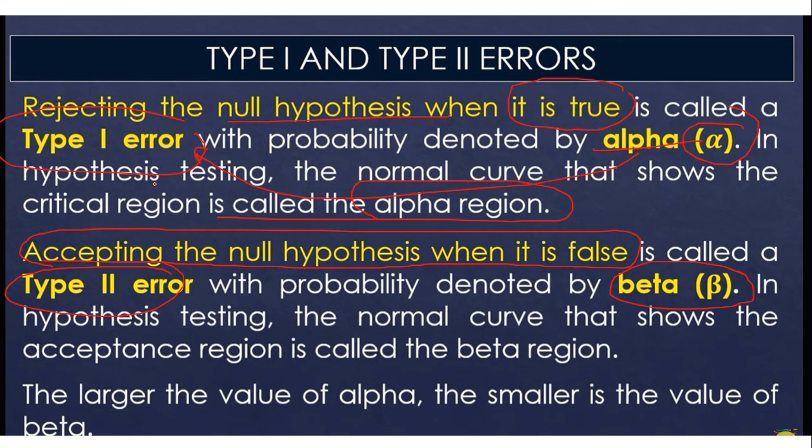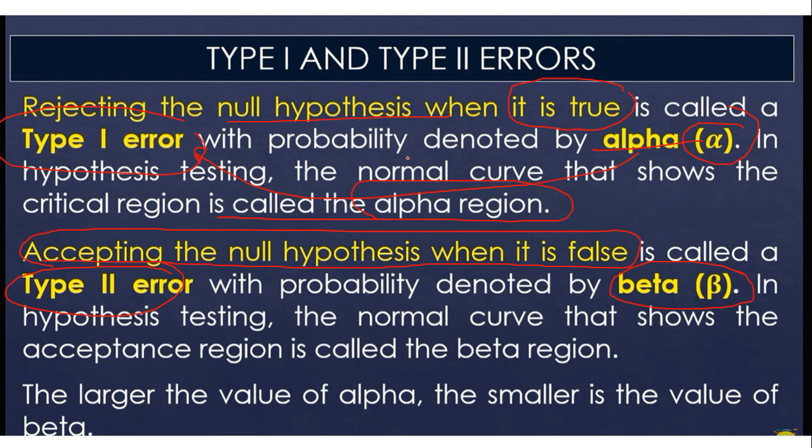Accepting the null hypothesis when it is false is another error, because you already know it is wrong and you still accepted it. In type 1 error, you know it is right but you rejected it.